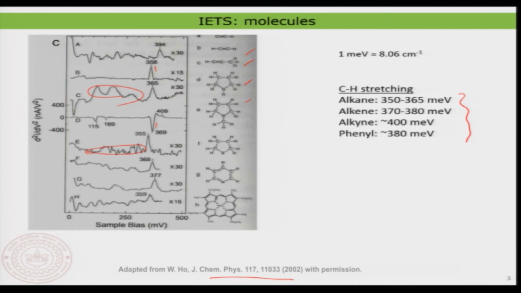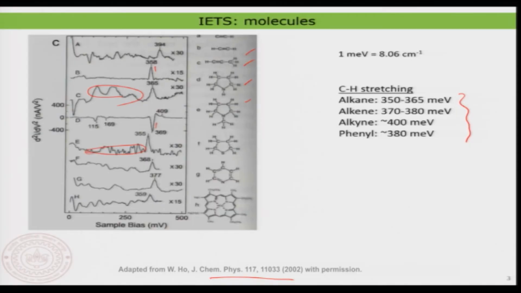That makes even small changes in the current get enhanced. So, there are typically some problems associated with this technique, but nonetheless, if your instrument is working at low temperature and in ultra high vacuum, you can do this kind of measurement. So this is quite efficient in that way.